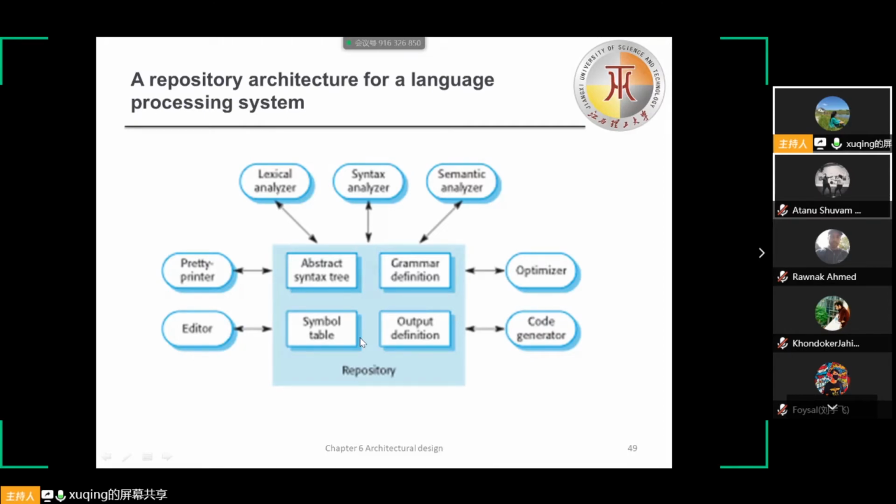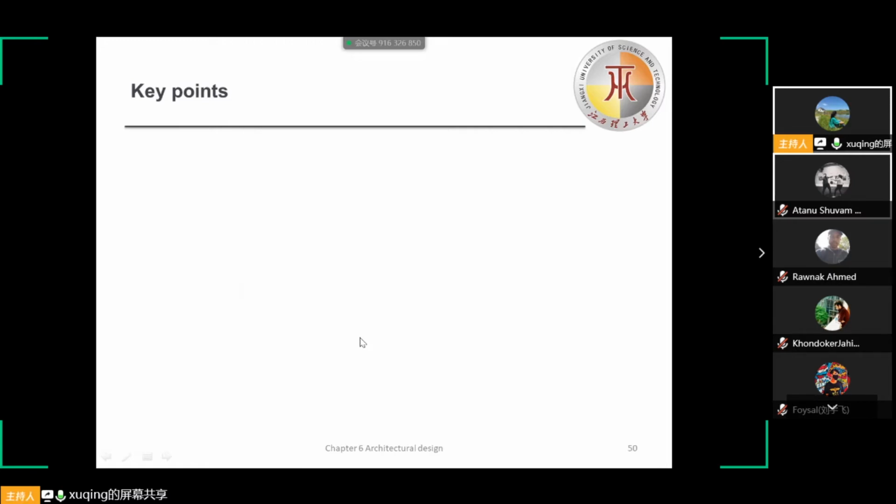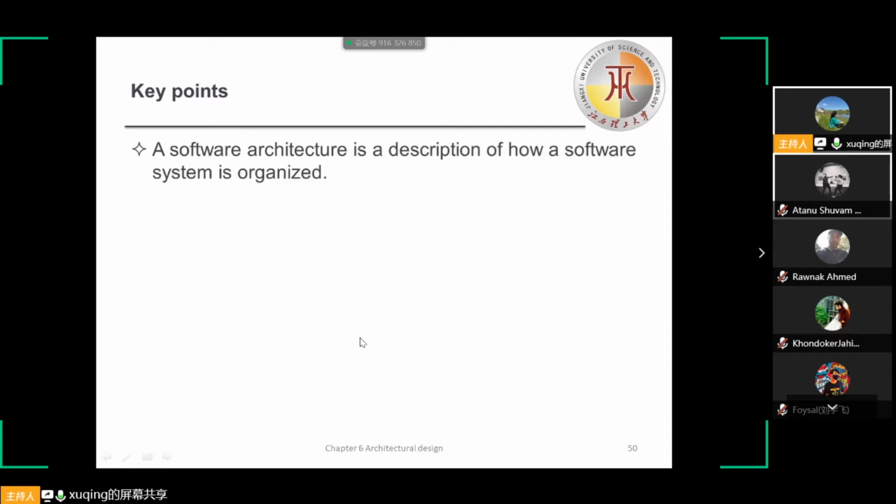So we have finished this chapter, the architecture design. Now we will see the key points in this chapter. Yeah, in this chapter, we have said that a software architecture is a description of how a software system is organized.